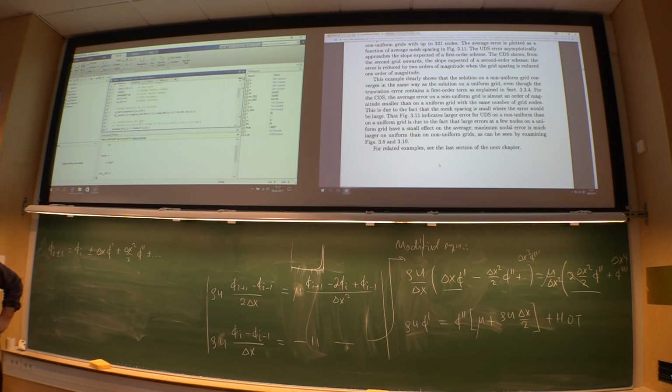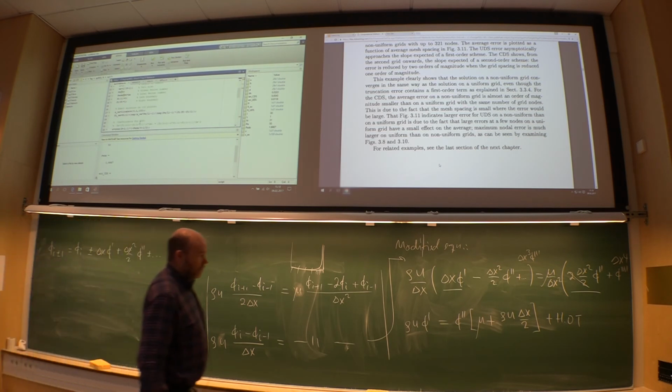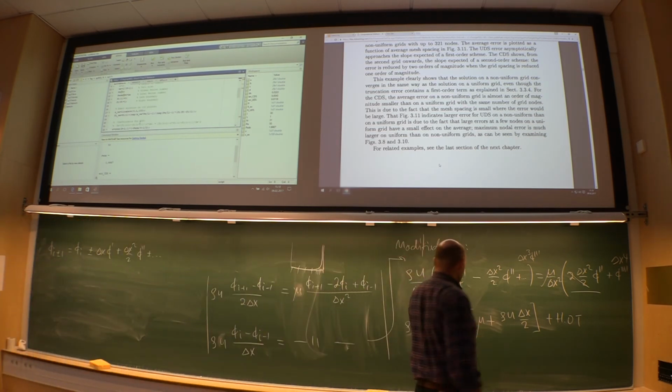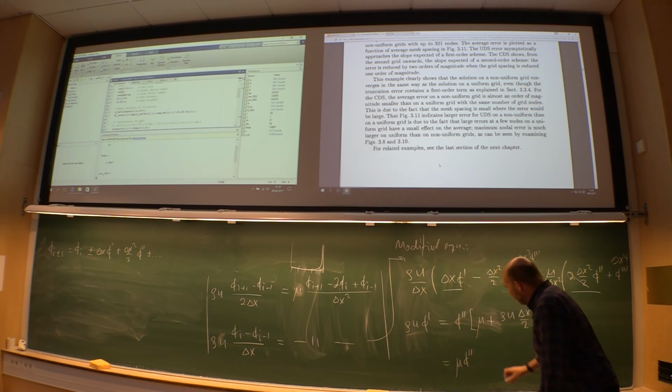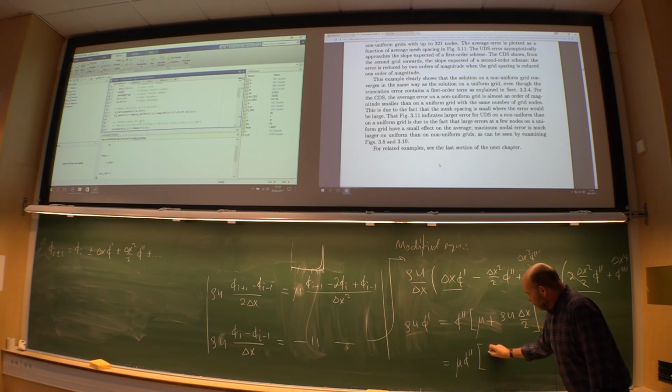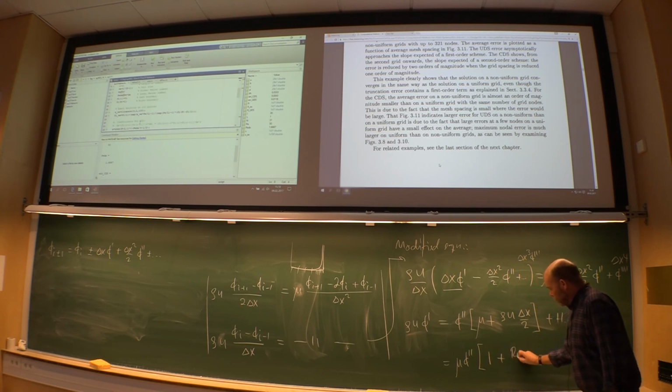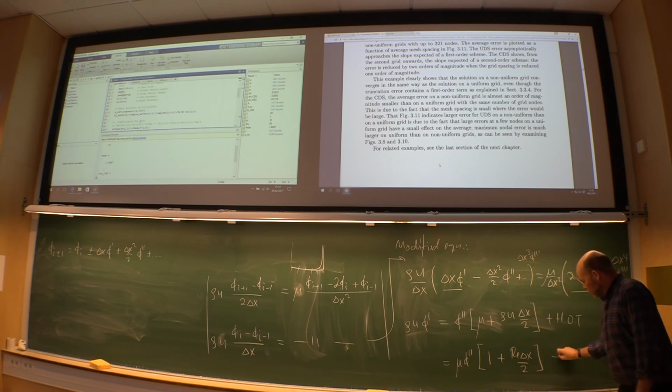How much do we add? Well, you can rewrite this one a little bit. Take the viscosity outside, mu double derivative, and then you see you have 1 plus the cell Reynolds number half, plus even higher order terms.